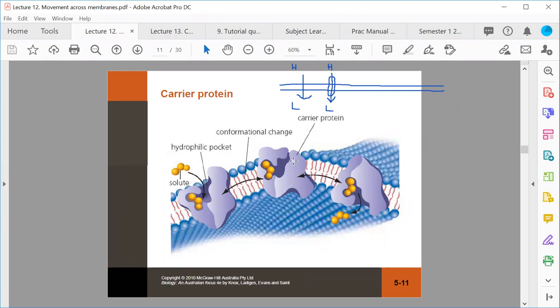These proteins are known to be able to flip around within the membrane, and you can see that happening here. It's flipped around, and that induces another conformational change so that it opens to the other side of the membrane and releases the solute. That change in shape means it no longer has an affinity for the solute, and the solute is therefore released. So they're our carrier proteins.